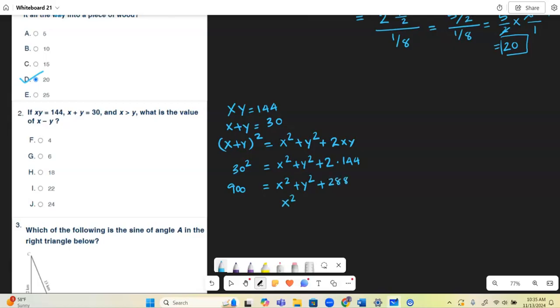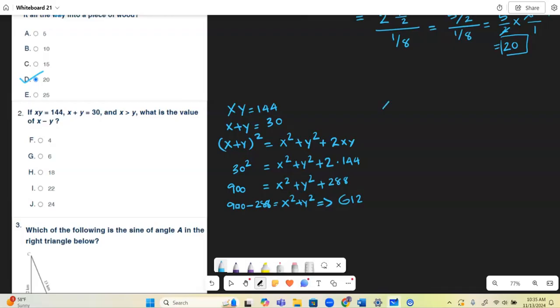So from this, x square plus y square is 900 minus 288. You can use a calculator. You know which calculator versions are allowed in your ACT exam. So use the calculator. What is 900 minus 288? That is 612. So the value of x square plus y square is 612. Now we actually need to find x minus y.